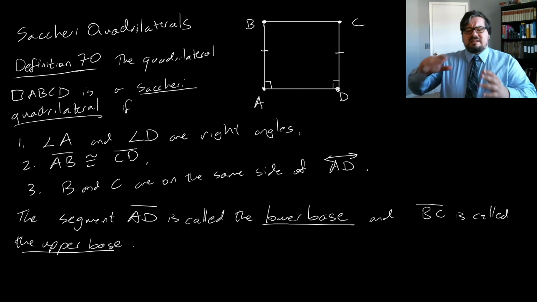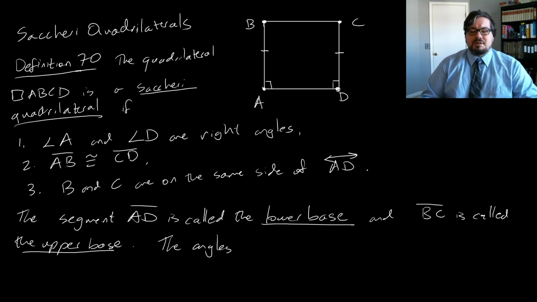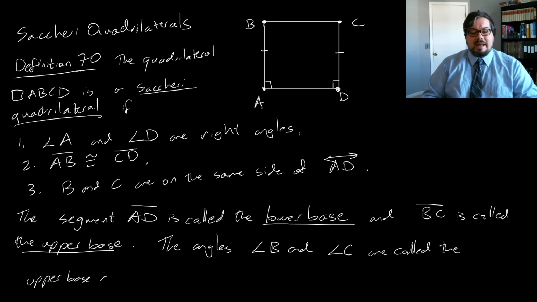Of course, Saccheri quadrilaterals can be oriented however you want, but most often they're oriented the way that we've drawn it here, hence the name lower base and upper base. And similarly, the angles, angle B and angle C, are called the upper base angles.